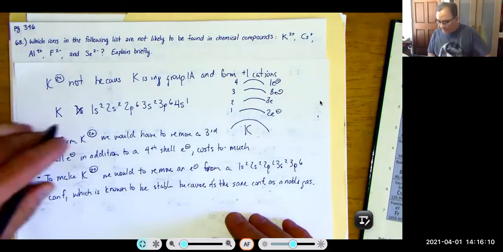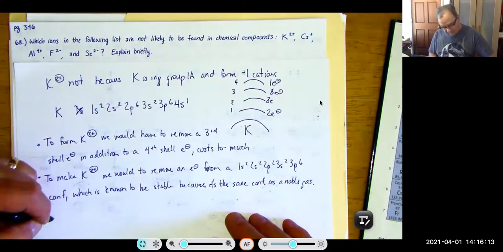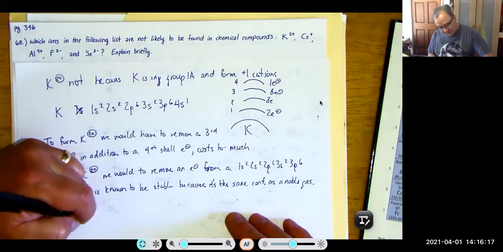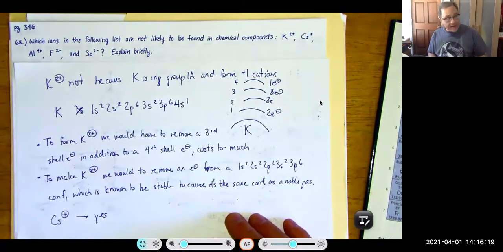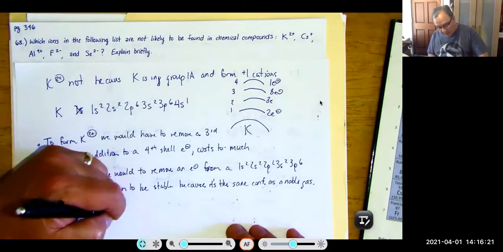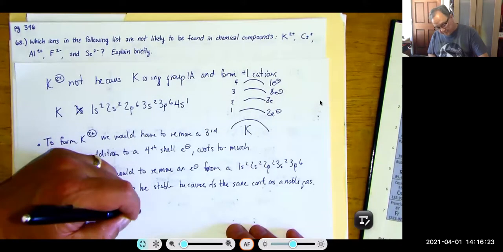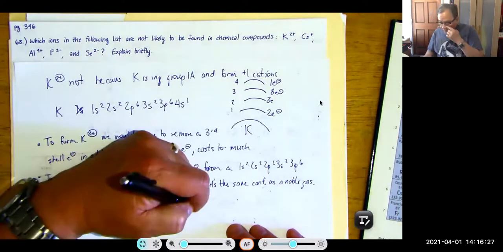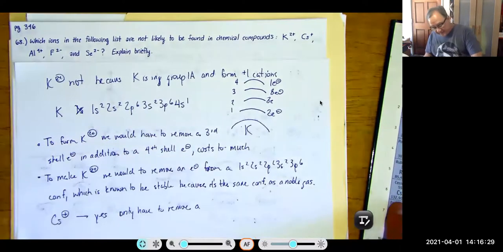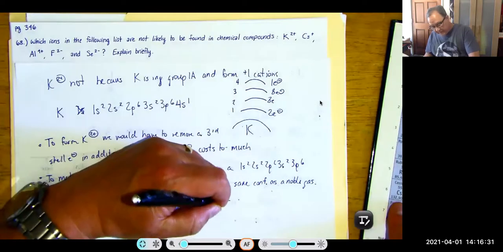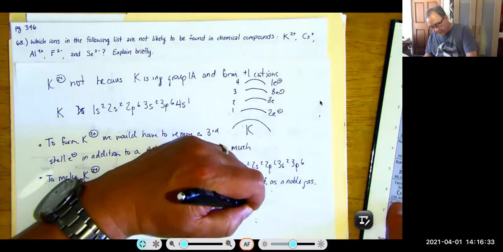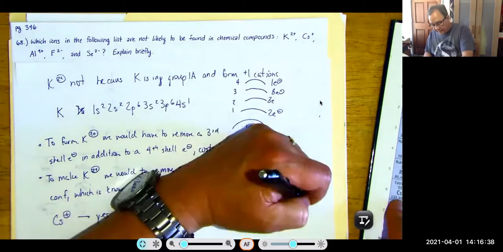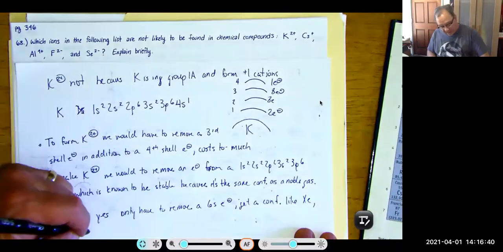So now we look at cesium +1. And the answer is yes. Why yes? Well, because we only have to remove a 6s electron, and then you get a configuration like xenon, a stable noble gas.